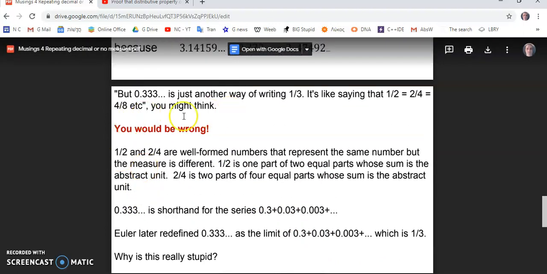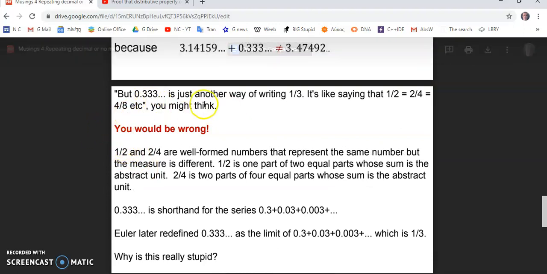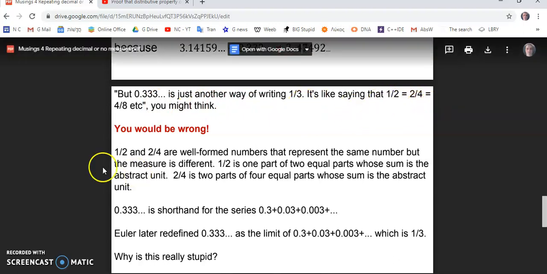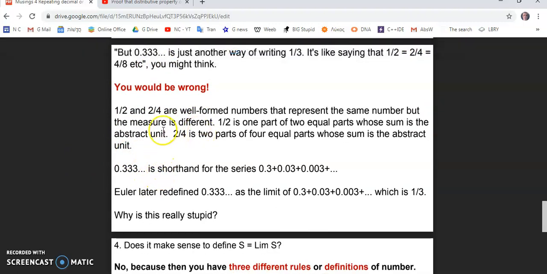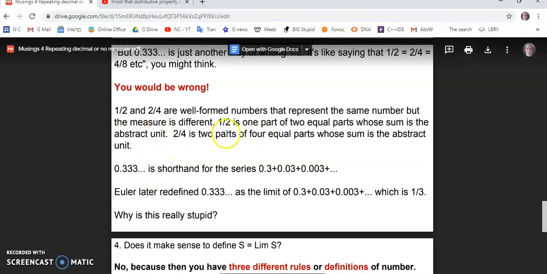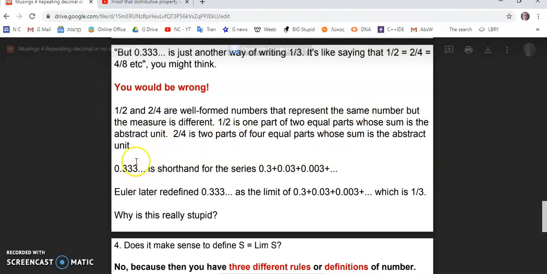All right? So you might turn around and say, but 0.333 is just another way of writing 1/3. It's like saying that a half is equal to 2/4, 4/8, etc. You would be wrong in thinking this way. Why? Because a half and 2/4 are well-formed numbers that represent the same number, but the measure is different.